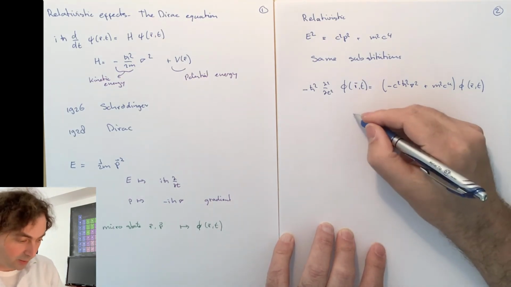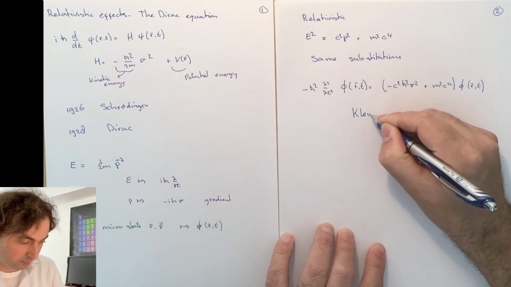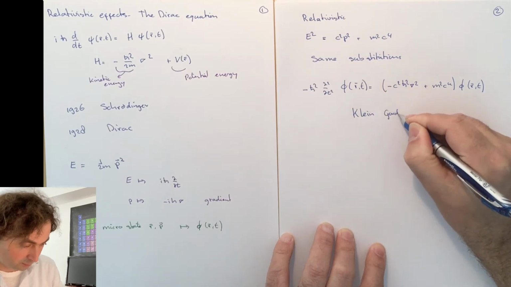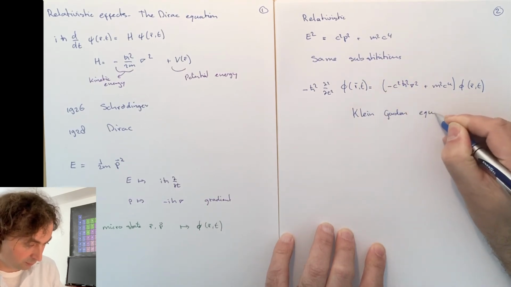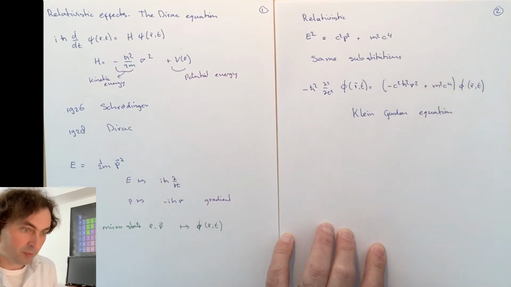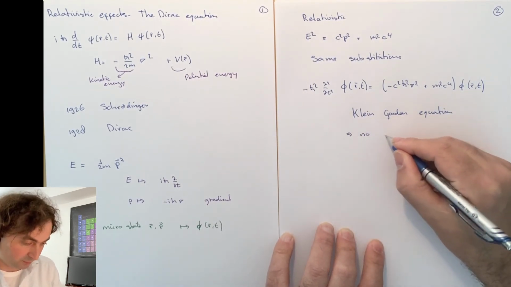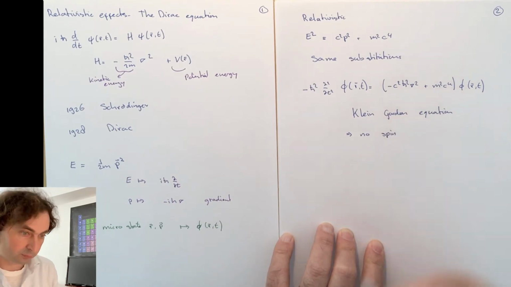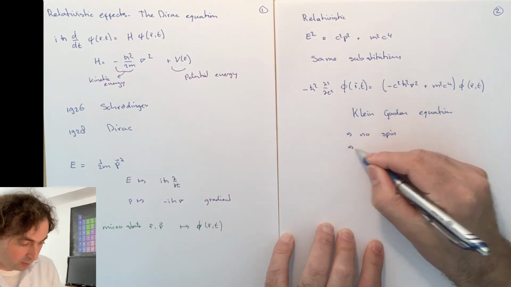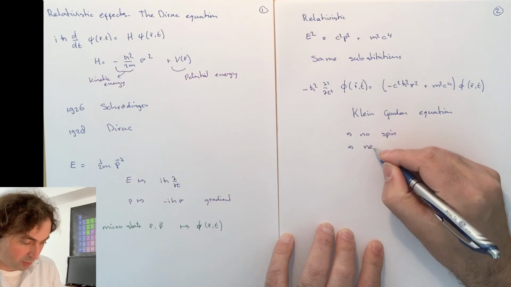This is the Klein-Gordon equation. And the Klein-Gordon equation does not include spin. And the Klein-Gordon equation has negative energy solutions.